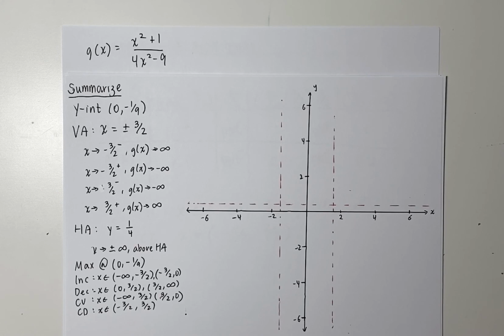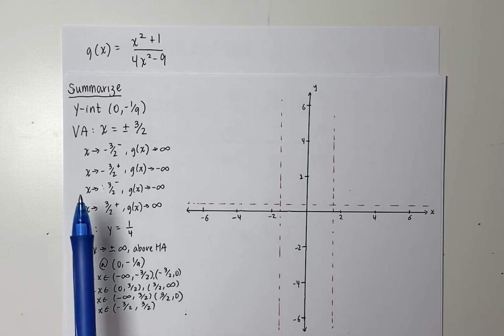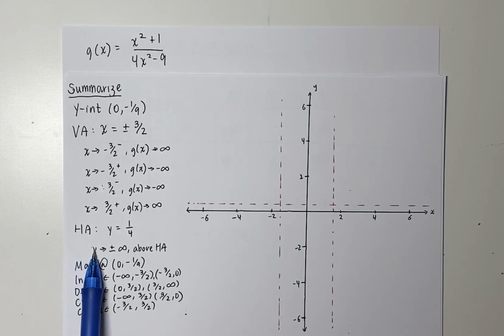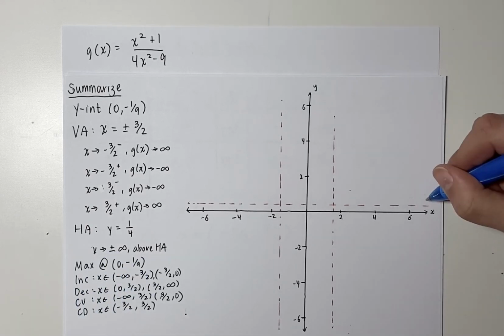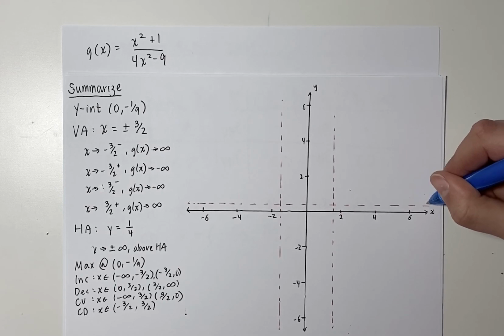The next step is drawing our end behaviors near our vertical and horizontal asymptotes. For the horizontal asymptote, as x approaches positive infinity and negative infinity, it's above the horizontal asymptote, so on both sides it's above.